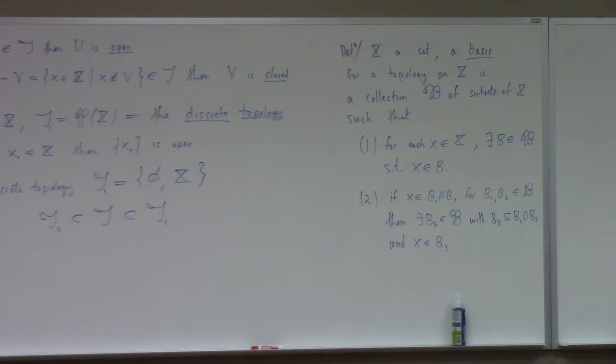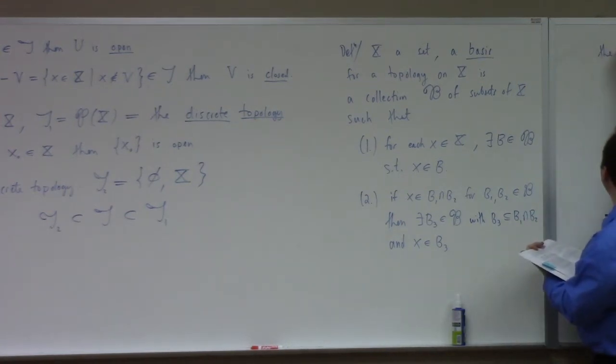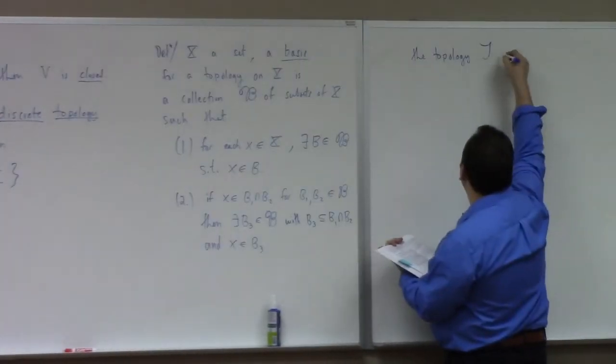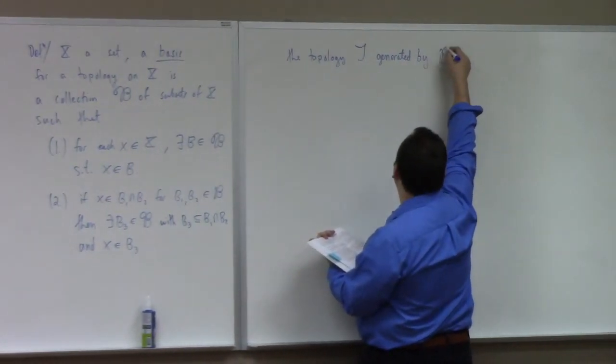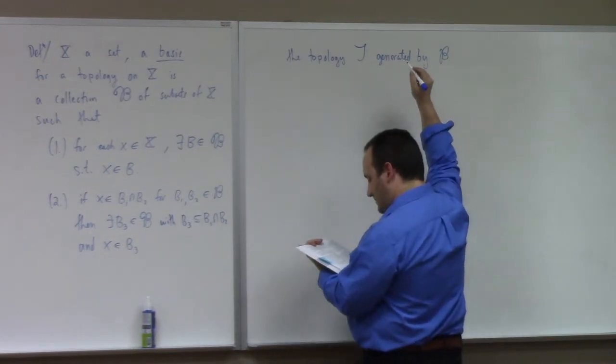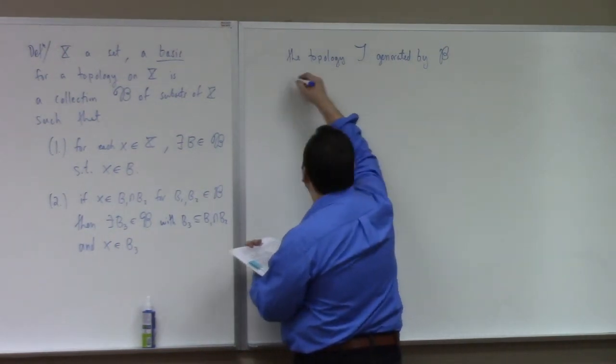So it doesn't resemble the terminology basis in linear algebra very directly. It's hard to see spanning and linear independence here exactly, but here's why the terminology is in fact warranted. You can build a topology with a basis. How do you do it? The topology tau generated by a basis beta for X is defined as follows.